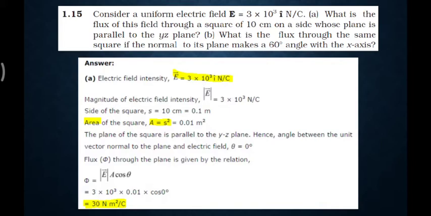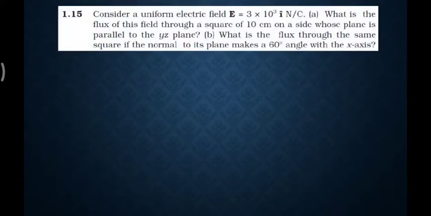Cos 0 is 1, and doing the calculation in your calculator, you will get 30 Newton meter square per coulomb. From the unit point of view, you have to be aware of the unit of the electric field and the unit of the area, which is meter square, and Newton per coulomb is the unit of the electric field. So the combination of electric field and area, the resultant unit of electric flux, is Newton meter square upon coulomb. You are my student, so I am also very strict regarding the units. Okay, let's go on.